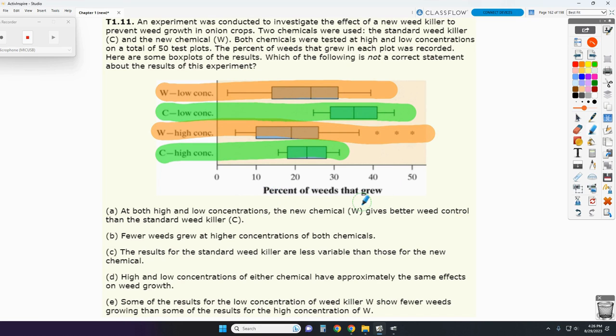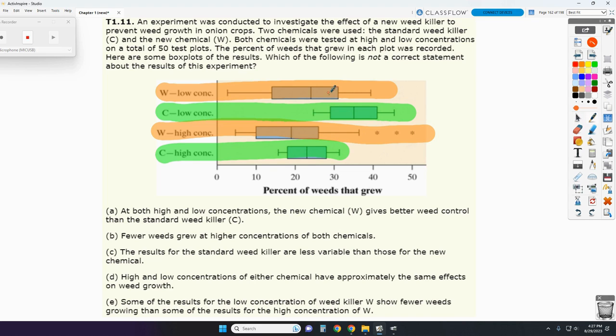Percent of weeds that grew. So if it had better control, there would be fewer weeds that would grow. That would indicate better control. So are the two orange box plots shifted further down to the left, roughly, than the two green ones? And I would say, yeah, that kind of looks true there. I would say that's probably a true statement.